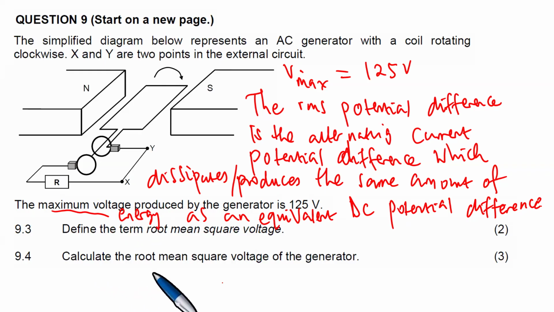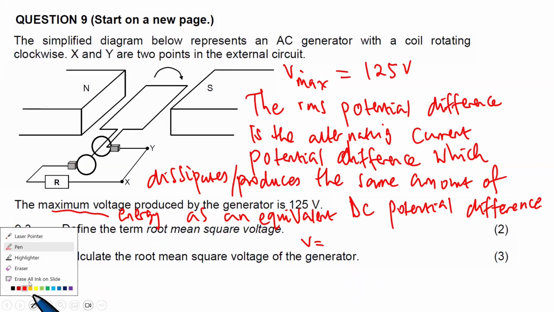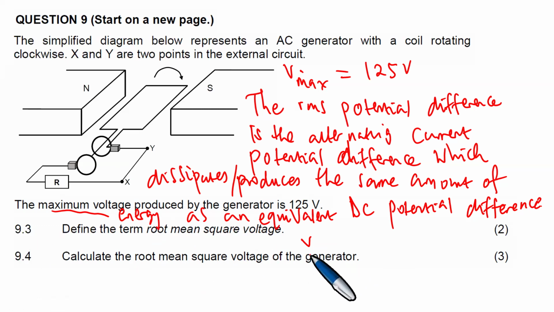Now calculate the root mean square voltage. This one is very easy. The VRMS, the root mean square potential difference, is Vmax divided by the square root of 2.